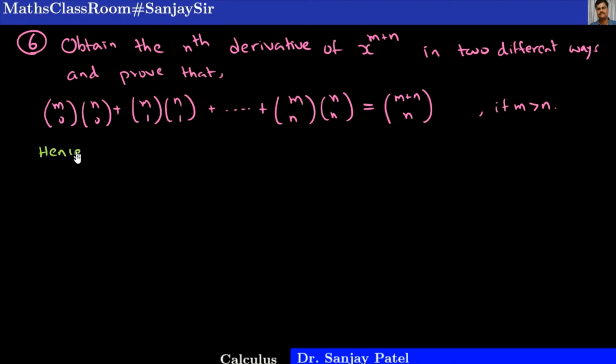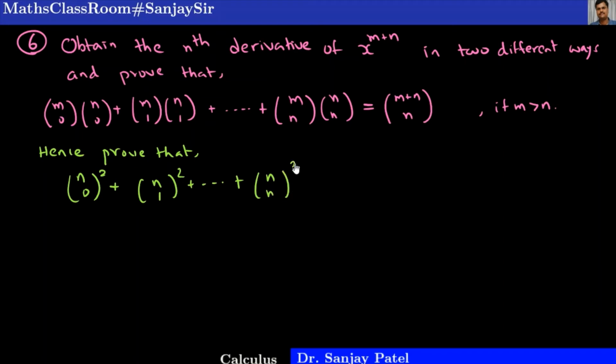Hence prove that nC0 square plus nC1 square plus and so on, putting m equal to n, what we get is this interesting result: nCn square is equal to 2nCn, and 2nCn we can write as 2n factorial upon n factorial into 2n minus n factorial, that is n factorial square. Okay, so let us prove this.